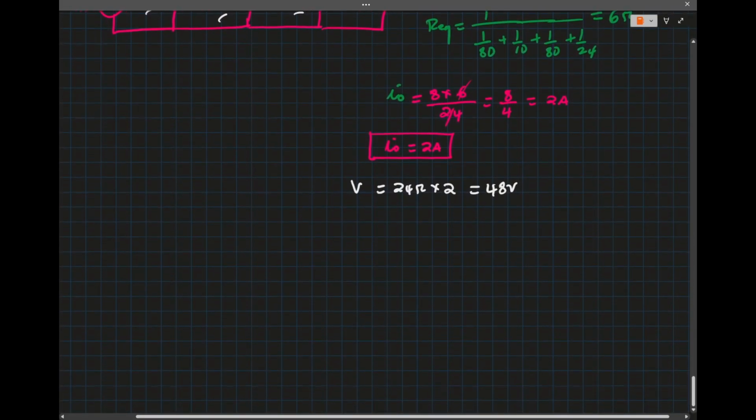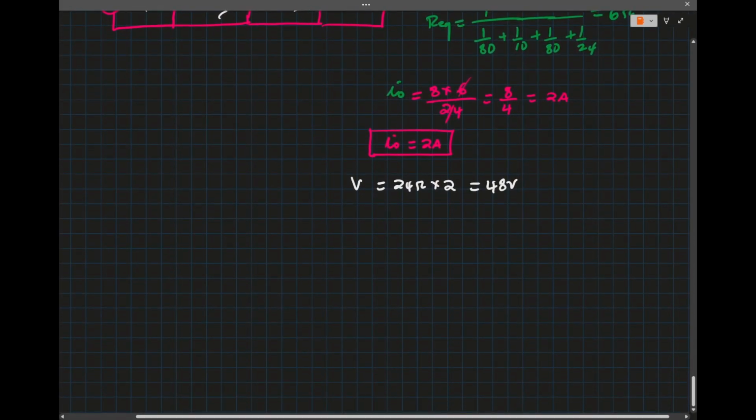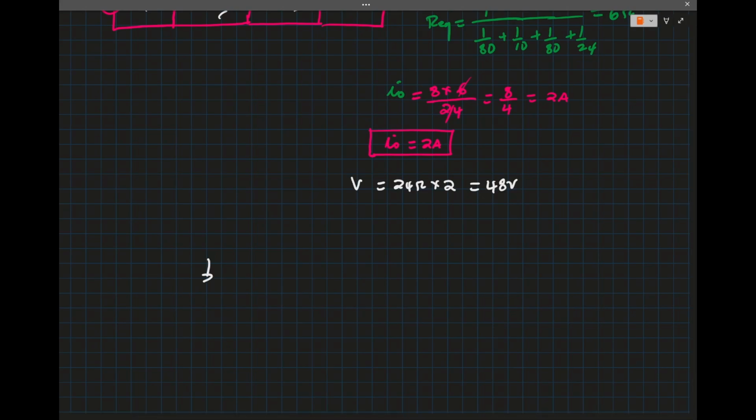For V0 we have 40 ohms, 10 ohms, then we have 30 ohms.